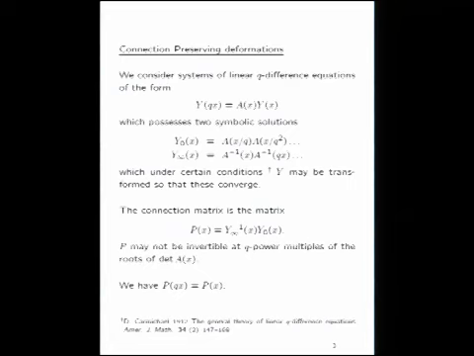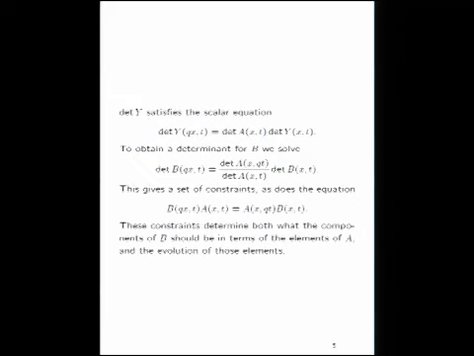I should mention that one of the key factors is that because you form solutions in this manner, the connection matrix may not be invertible at the roots of the determinant of A, and also q powers of those roots of the determinant of A. I should also show you that the roots of the determinant of A also determine a linear problem that the determinant of Y satisfies.